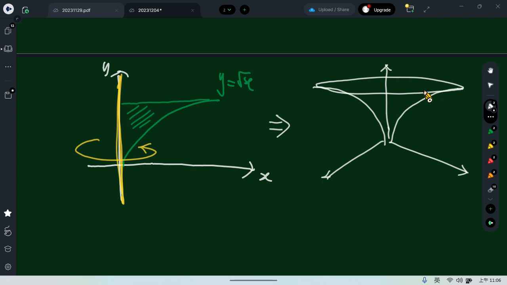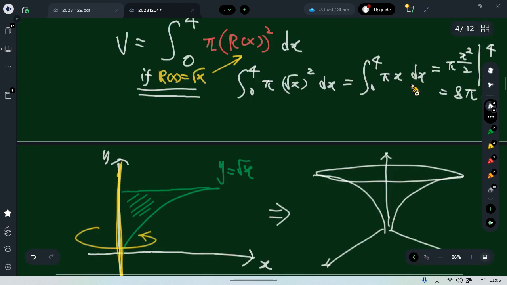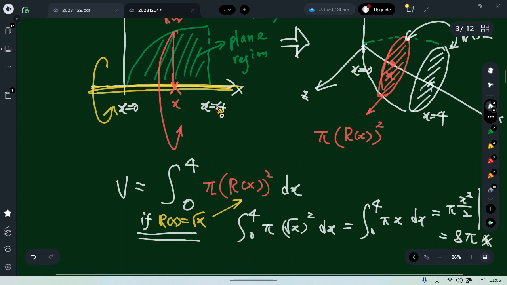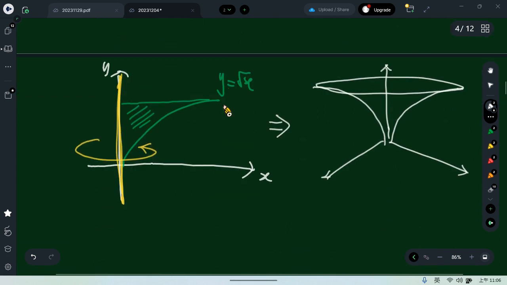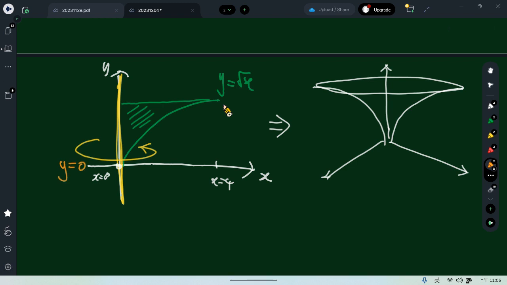So if the original x is from 0 to 4, y will be from 0 to 2, right? And don't forget, y is equal to square root of x.